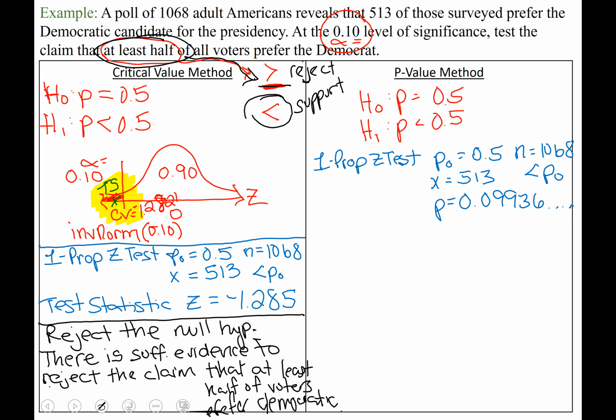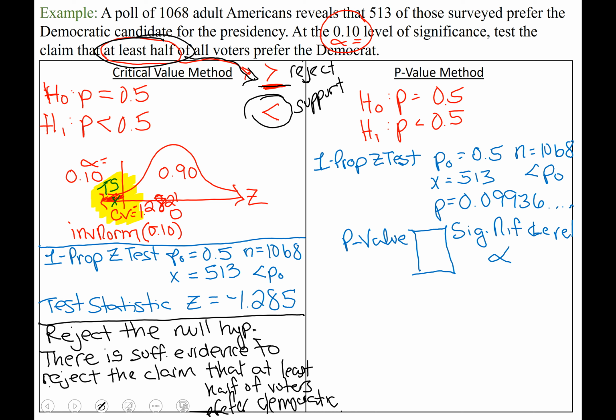Okay, what we do now is compare the p-value to the significance level, which is alpha.